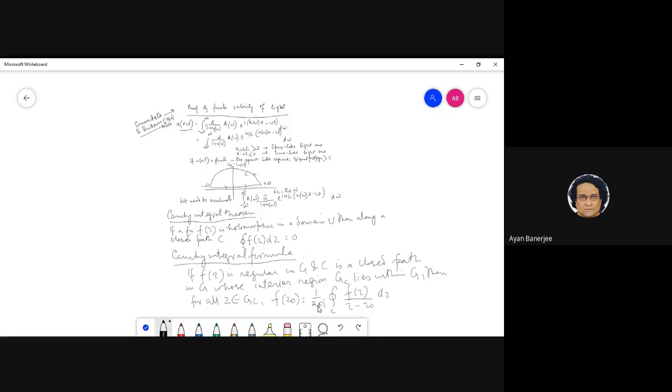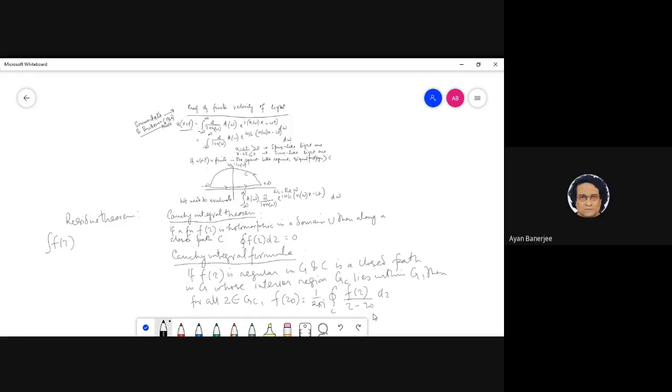And there is, of course, the residue theorem that also is crucial. Let me write that down here. The residue theorem, which says that... Sir, you didn't define what is G and what is z naught.